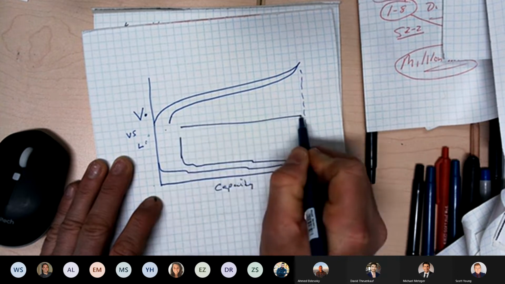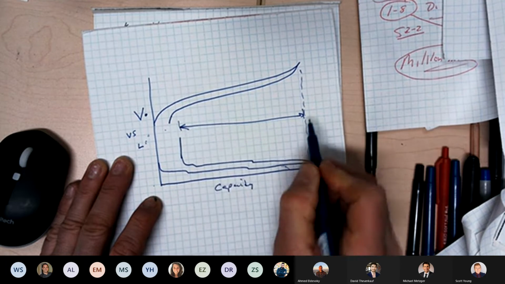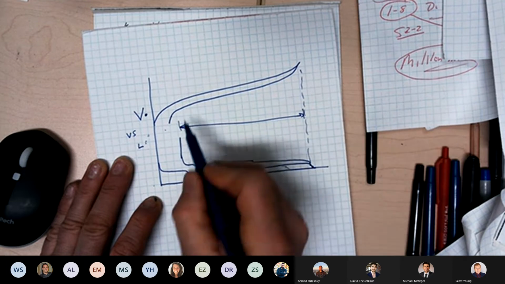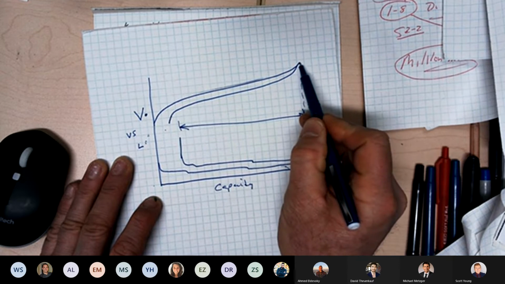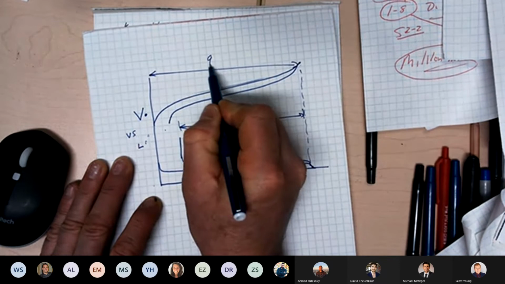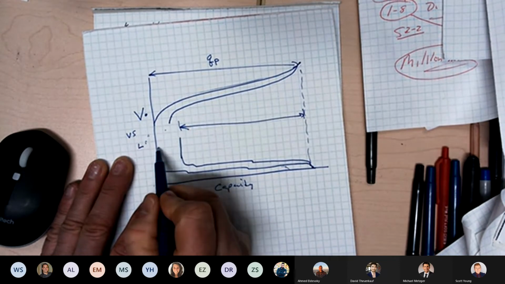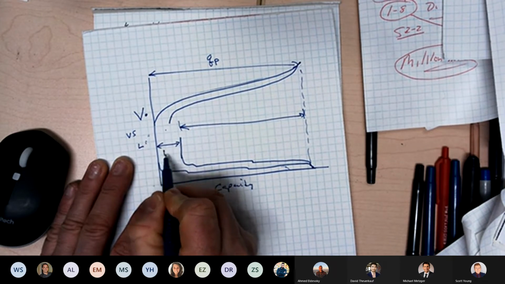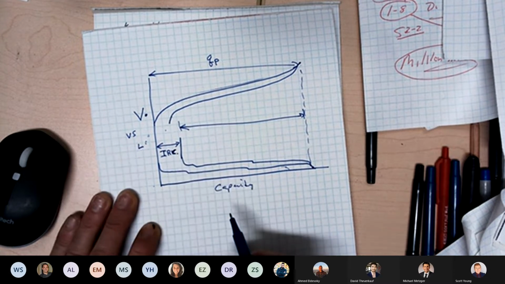So the cell capacity is this. You have the capacity of the positive, this is QP, but you have to subtract from it the fraction due to the irreversible capacity of the negative side.